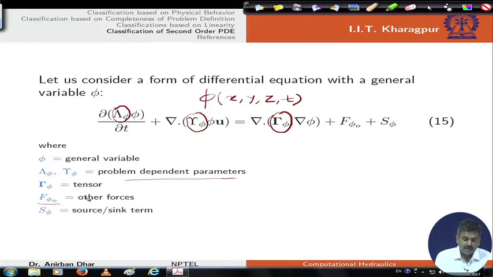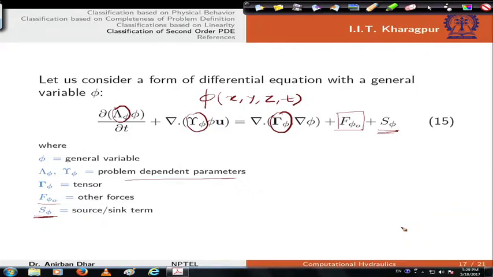F phi, or other forces, this term considers other forces, and S phi is the sourcing term. So, we can use this general form of equation to represent all of our hydraulic system related problems.